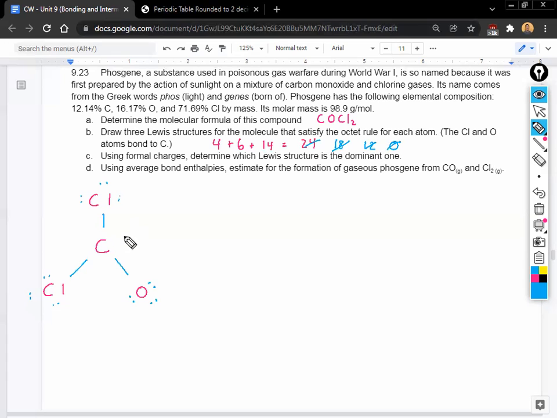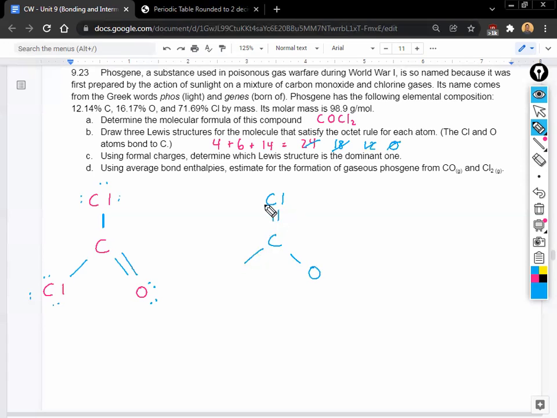Now, we want to make sure that carbon has an octet, and the only way for carbon to have an octet is for there to be a double bond. And that's where we get 3 different structures for this molecule. We can either have a double bond between the carbon and the oxygen. You can also have one where you have a double bond between the carbon and one of the chlorines.